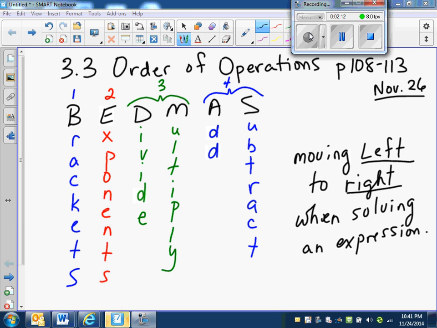So left to right as you move across solving an expression. And if you remember, we divide and multiply, and then we add and subtract as we move left to right. We'll do lots of examples to show that.